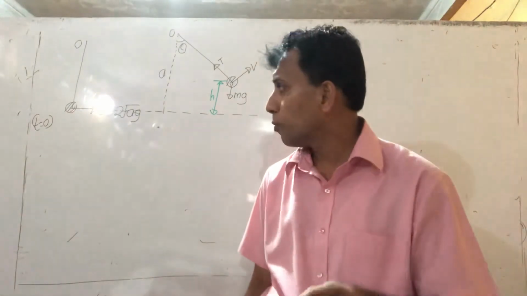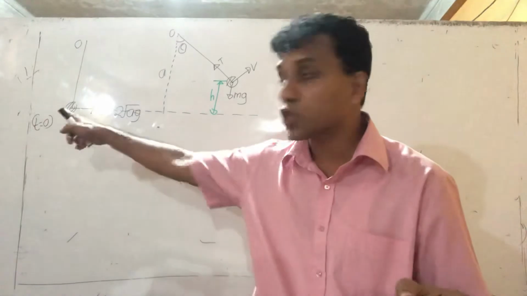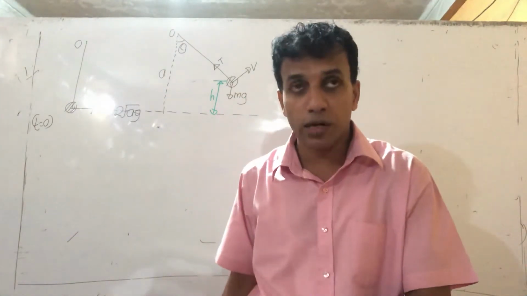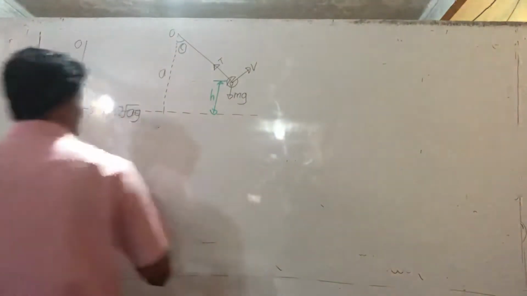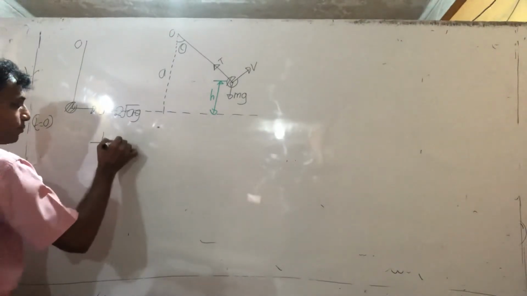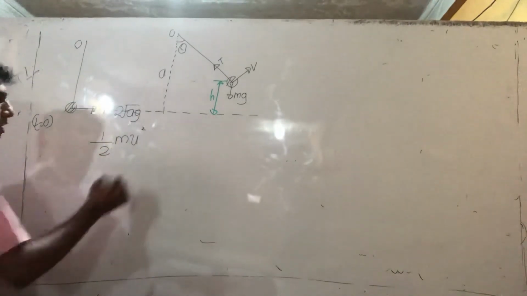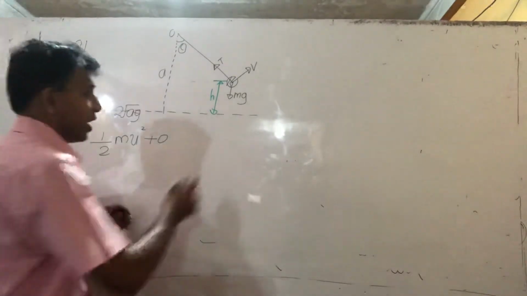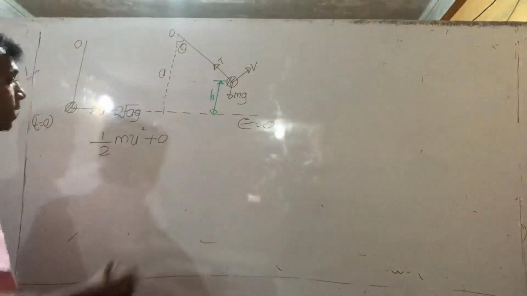So write this below. By taking the horizontal line through the initial point as the zero energy level, apply the conservation of energy. Half m u square is the initial kinetic energy, potential zero, because I take this as the zero energy line, right?